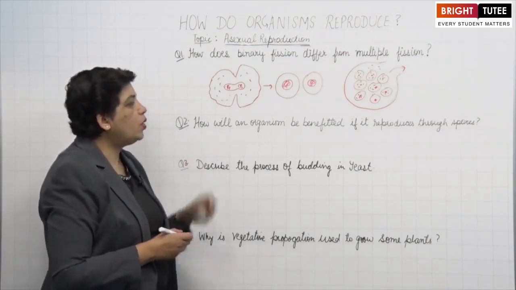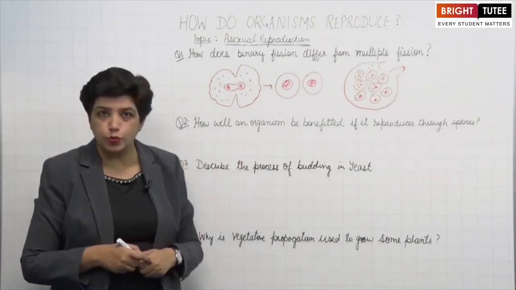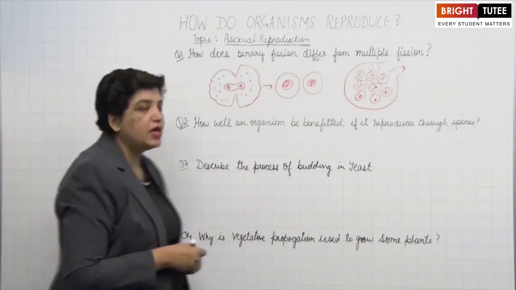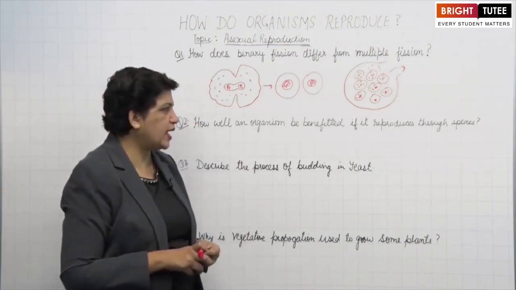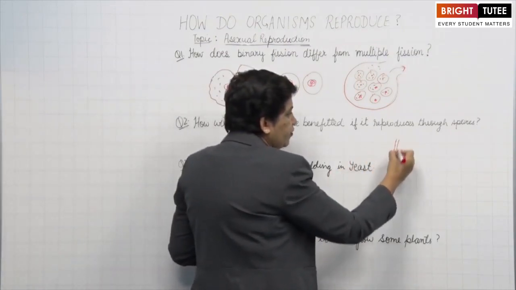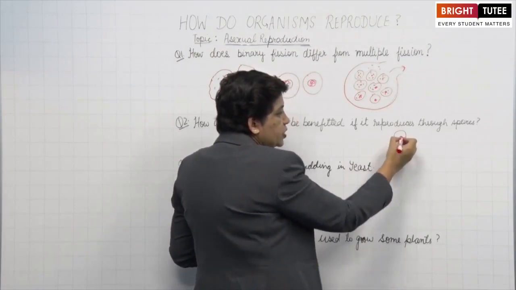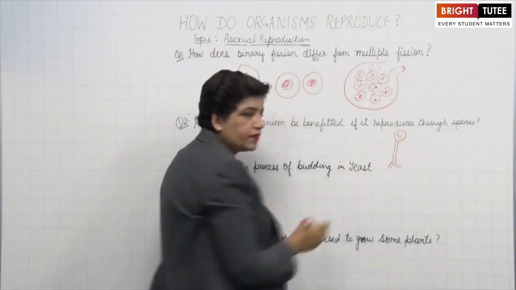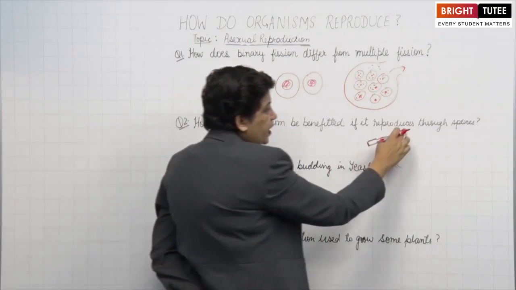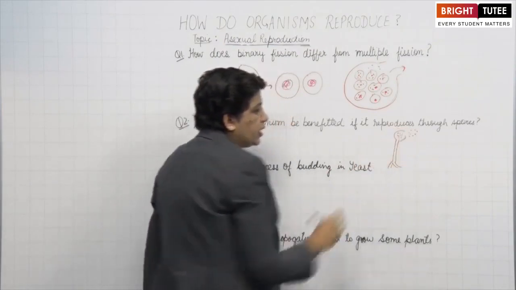Question number 2. How will an organism be benefited if it reproduces through spores? I hope you remember in fungi, like the bread mold, there are hyphae with sporangium and the root-like structures. These sporangia bear spores, right? When the spores are ready, these sporangia burst and the spores are released into the air.